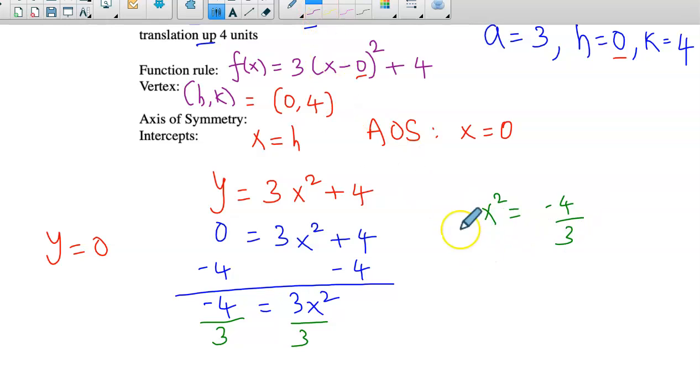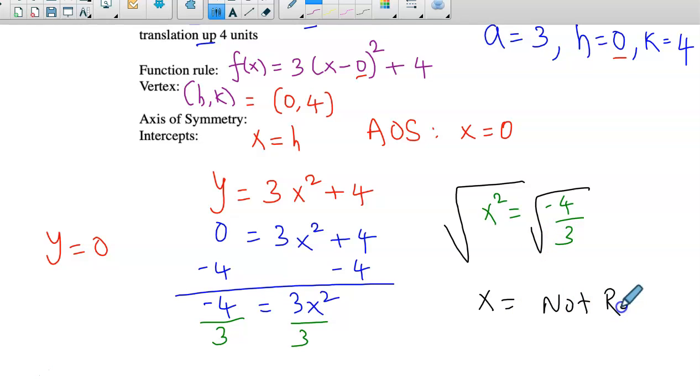To get the value of x, I'll take the square root of x squared. Square root of x squared is x, and inside here I have a negative number. Square root of a negative number is not a real number.